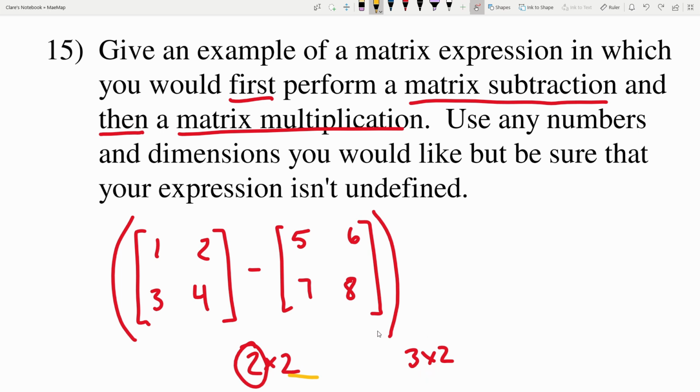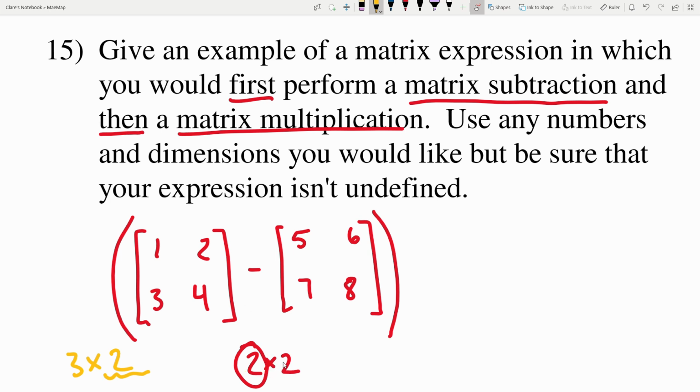However, I can multiply it on this side because 2 matches 2. So you can see writing a matrix on the right versus writing a matrix on the left, right multiplication versus left multiplication is very different.